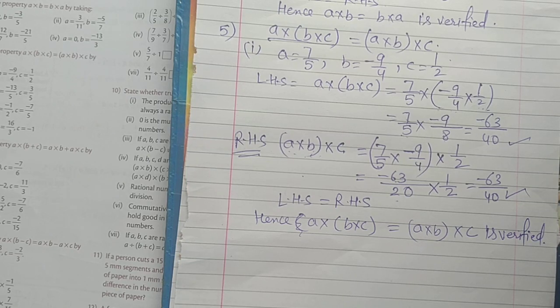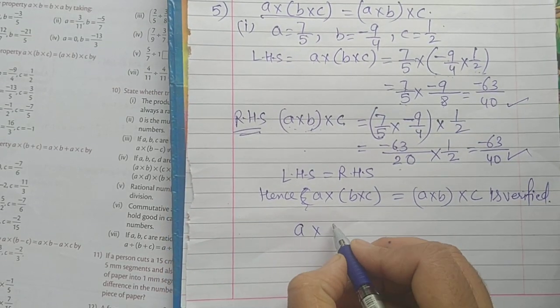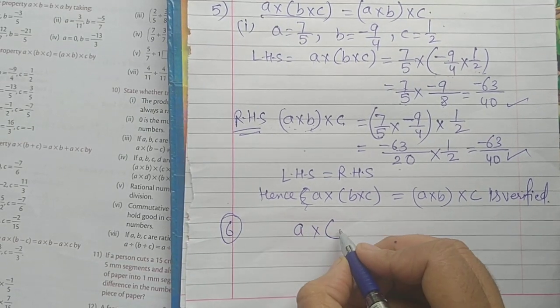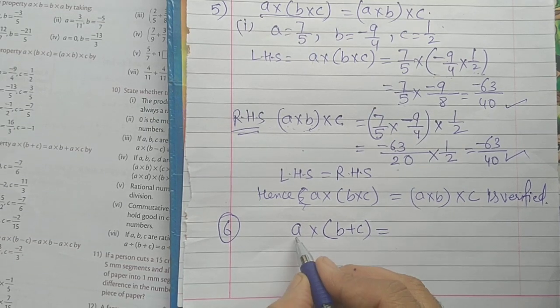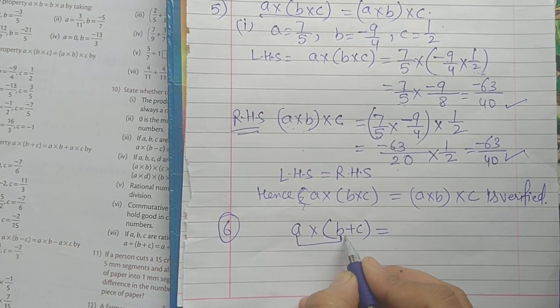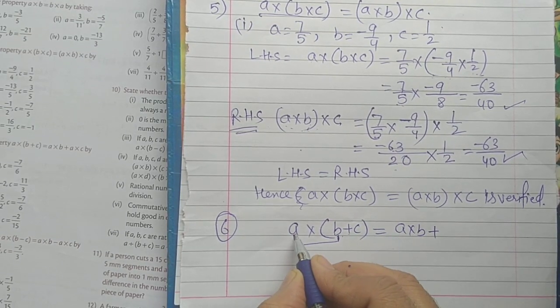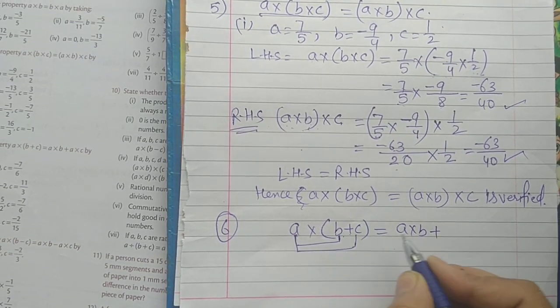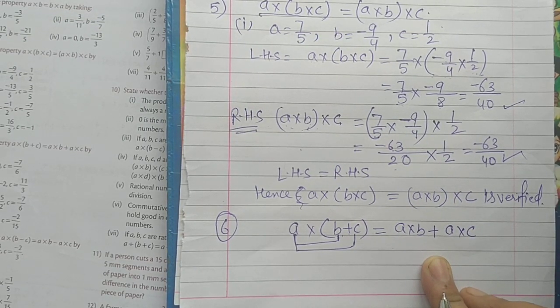Method is same. Then question number 6, verify the property that is A multiply by B plus C is equal to, firstly we will multiply A with B, then plus sign is here, so A then multiply by C. This is known as distribution property of multiplication over addition.